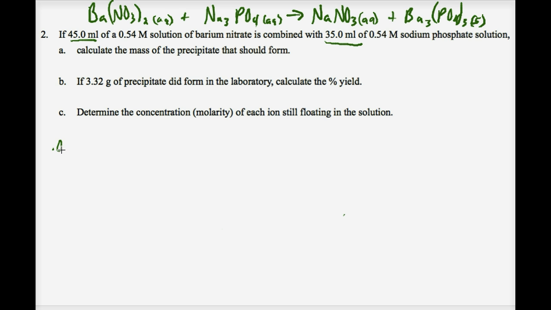So I'm going to do my metric conversion and say 0.045 liters of barium nitrate, and I'm going to convert that over to moles via my molarity.